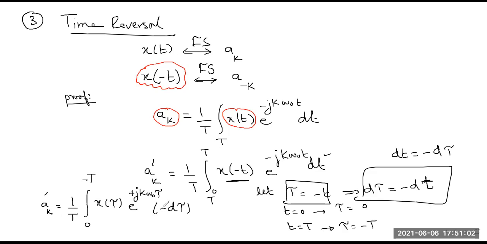Now I can remove this minus sign by swapping the lower and upper limits. So the Fourier series coefficient A k dash will become 1 over T, integrating from minus T to 0, x of tau e power plus j k omega naught tau d tau.